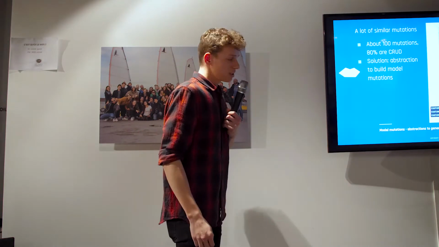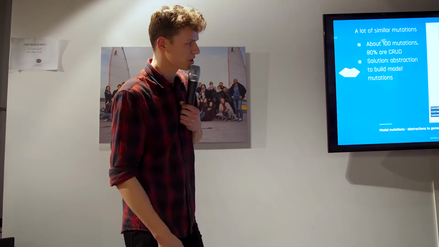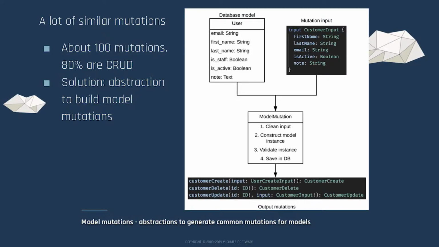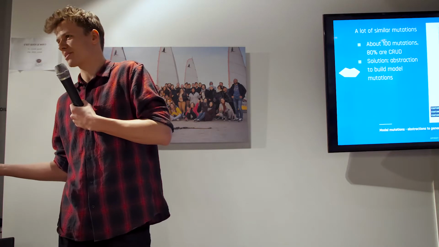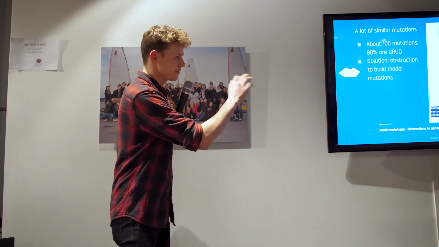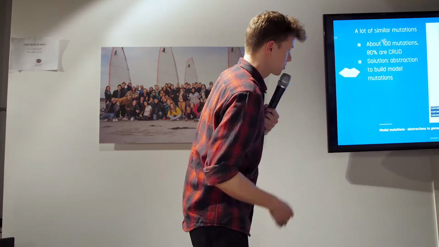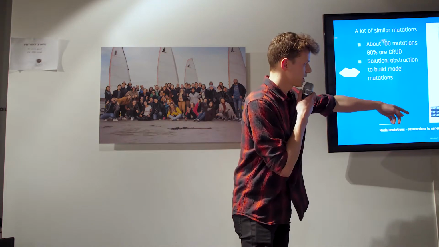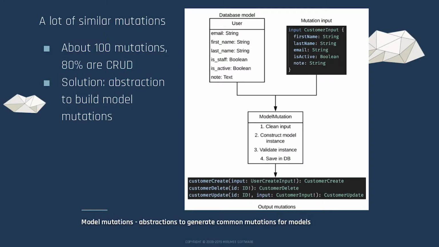So in Django, we were able to develop this little tool that we call model mutations. It is actually quite interesting, because the previous talk was also about generating mutations. So I think this is an interesting pattern, that in different frameworks we are thinking about the same patterns. So maybe eventually frameworks will implement that. I don't know. Imagine that you have to build those three mutations, like customer create, customer delete, or customer update.